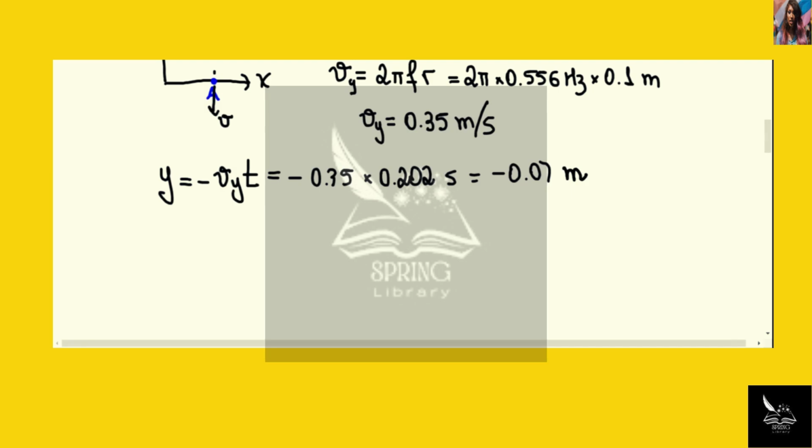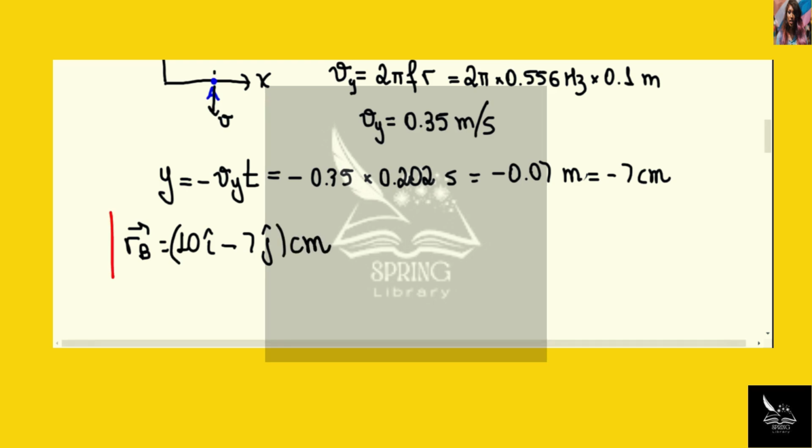So the final position of the flea, R B, is 10 centimeters in the positive x direction, and the y component is minus 7 centimeters. So the final position R B is 10 i minus 7 j in centimeters. And this concludes the exercise.